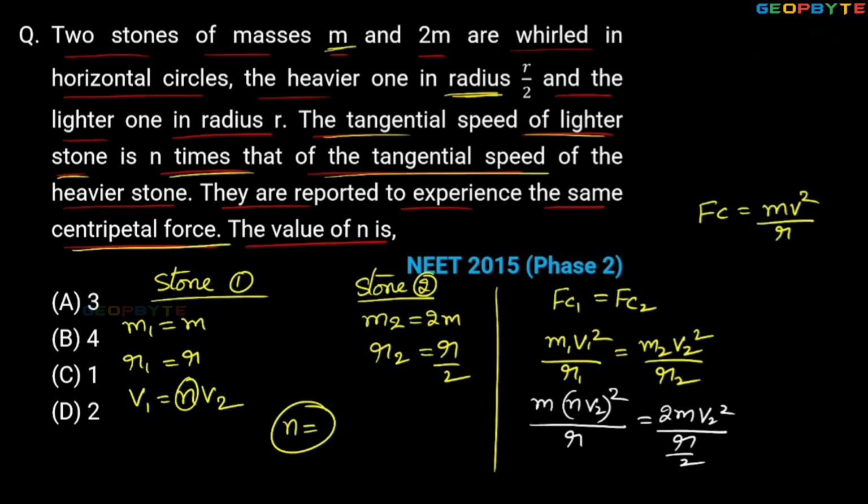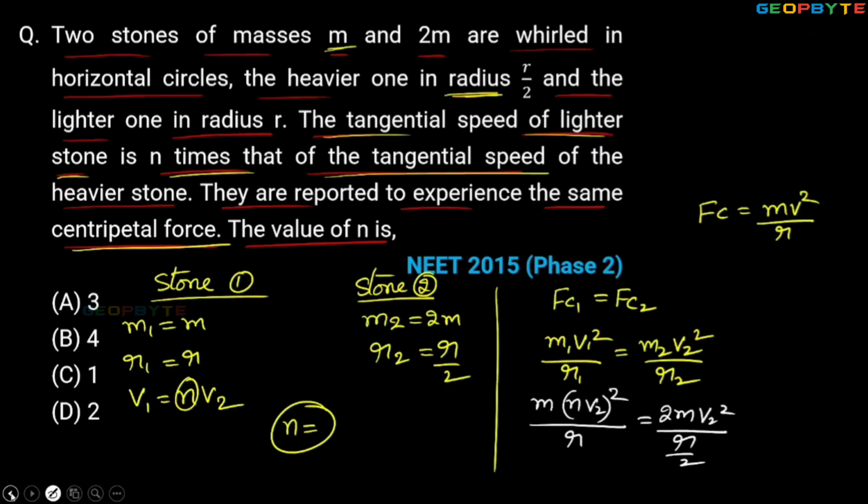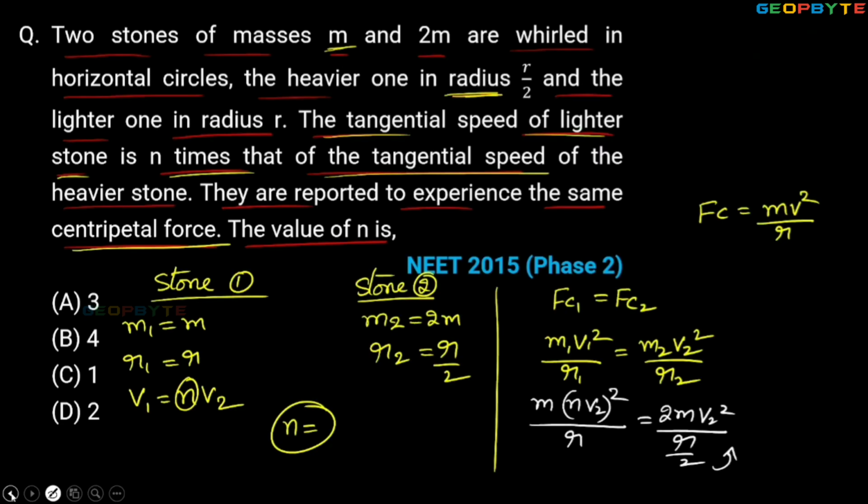Now let us simplify it. Let us take another slide. Here it is m n v2 whole square divided by r equal to, this 2 goes up, 4m v2 square divided by r.